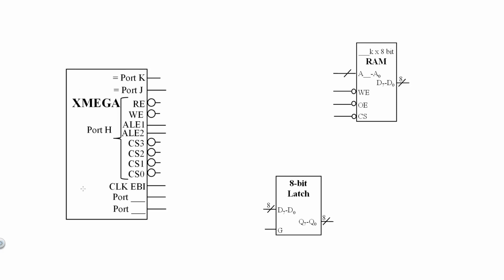I'll start by filling out all the necessary signals that we're going to actually need from the microcontroller. If you recall, port K was the shared or time multiplexed address bus. So I'll label it in a way that lets me know that at any point in time it might have either the 0th or 1st address byte. And then port J was simply the data bus.